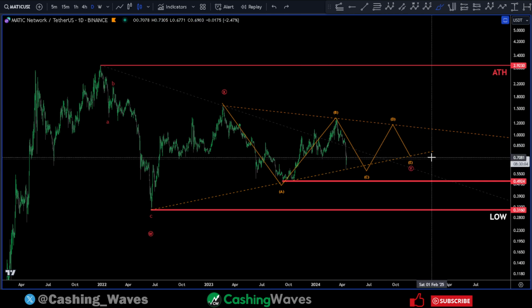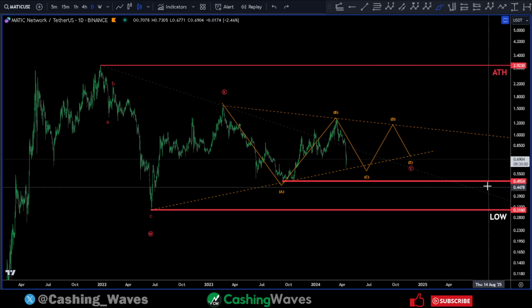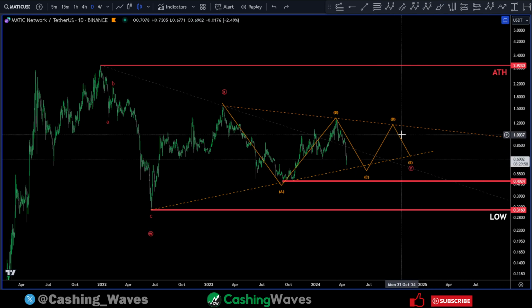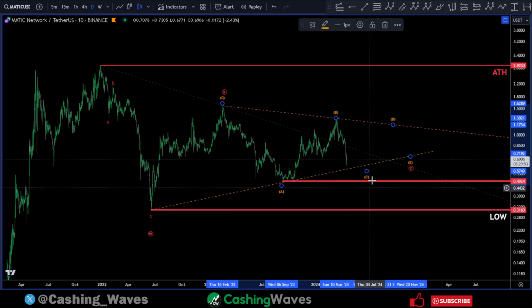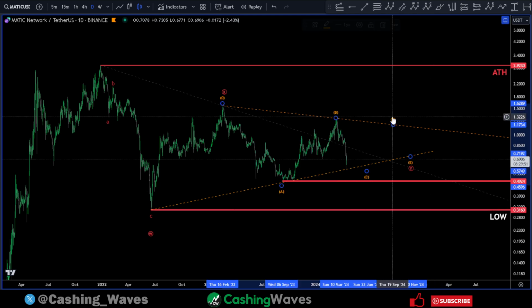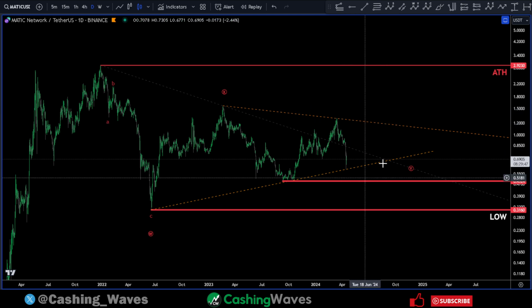After that, we would expect all-time highs. But as you can see, it's getting dragged out pretty far in time. I wouldn't necessarily want to wait through that. So depending what the next move is, I might consider getting out of my long-term holds.